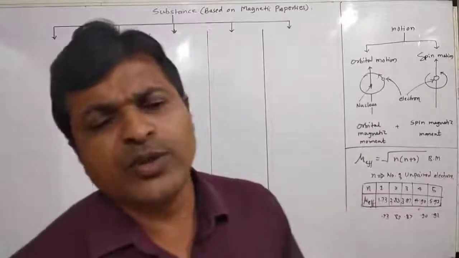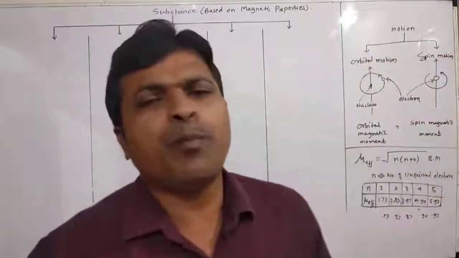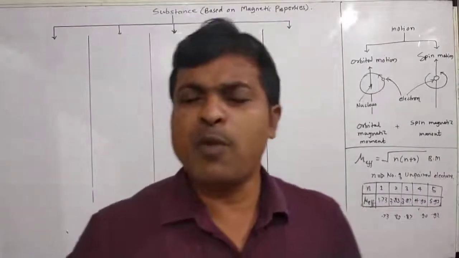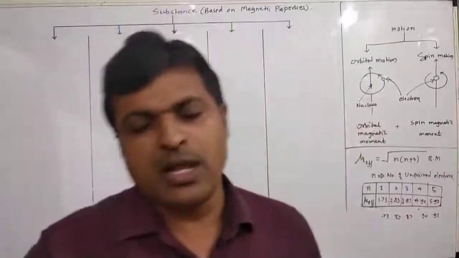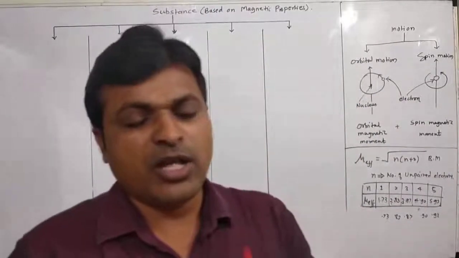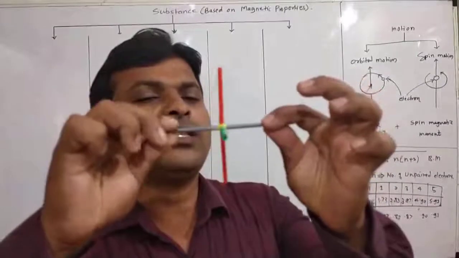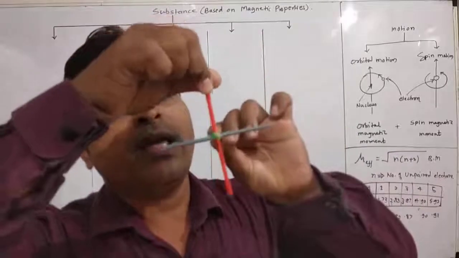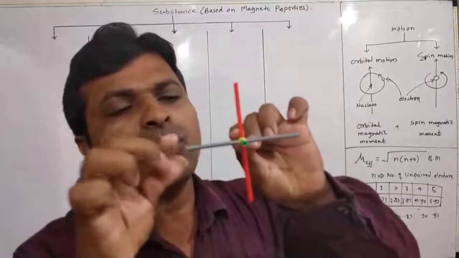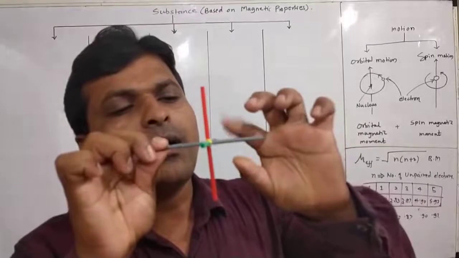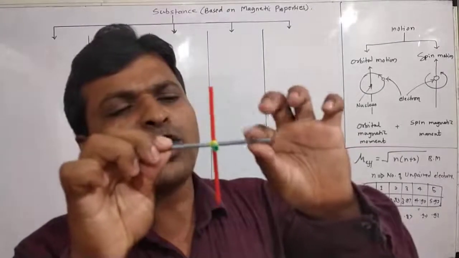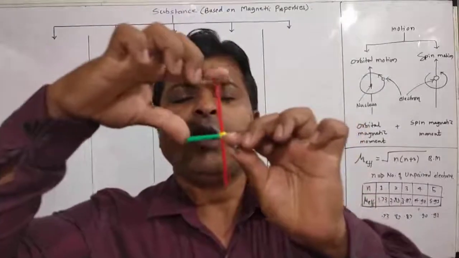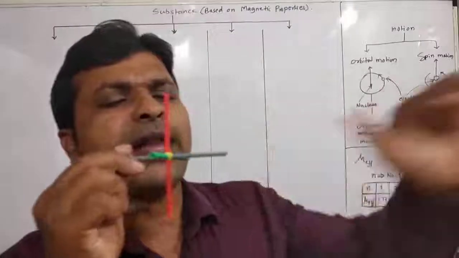As we know, any moving charged particle creates an electric and a magnetic field, which are perpendicular to each other and perpendicular to the direction of propagation.